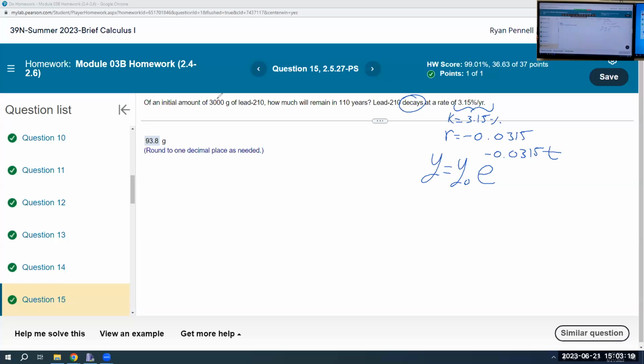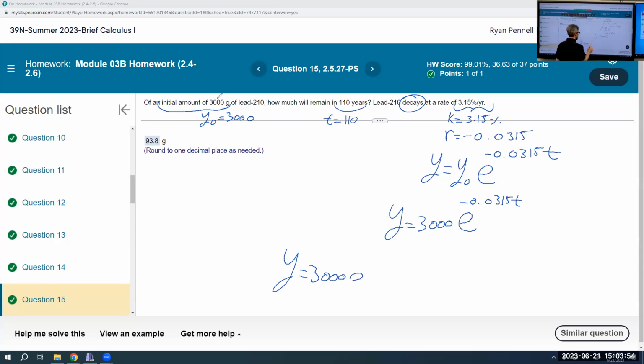Our formula. Now this isn't talking about half-life. This is just saying how much is left. It says the initial amount is 3,000 grams. So y naught equals 3,000 grams. And they told me t equals 110 years. So y equals 3,000 times e to the negative 0.0315 times 110 years.